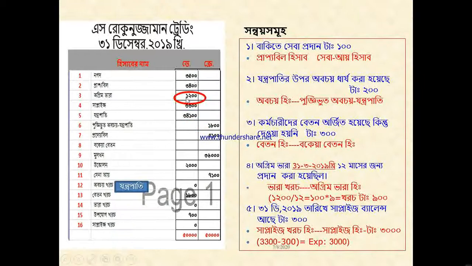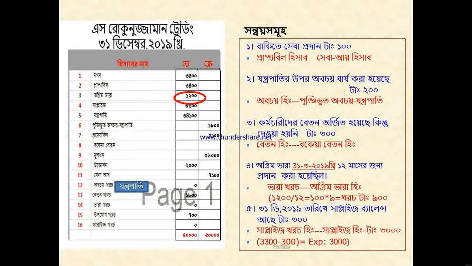Here 1200 taka was given as an advance on 31st March 2019 for 12 months. But the company actually used this space, and the rent is for 9 months. At the end of March, we have to calculate from April: April, May, June, July, August, September, October, November, December. That means 9 months of rent has been expensed.